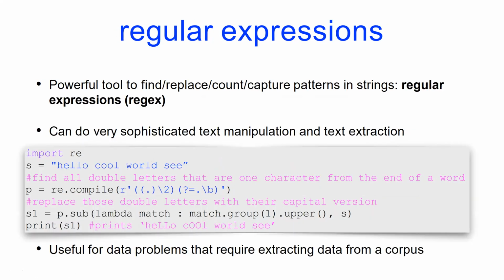For example, this is one example. I hope this will scare you a little bit. I give you a sentence and I want to find all double letters that are one character away from the end of the word. So basically that defines the double letter, like in hello, or cool: OO, LL.